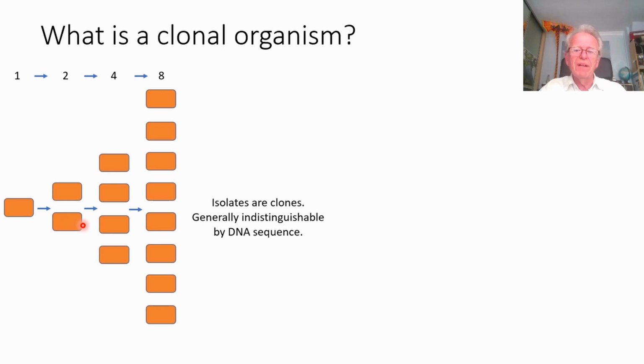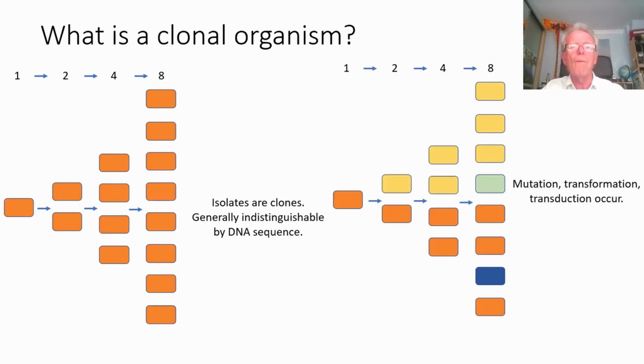We're taught in Microbiology 101, bacteria go 1, 2, 4, 8. And when you just take that at face value, it means that those 8 isolates, those 8 bacterial cells, will be clones. Generally, the DNA sequence of each cell will be identical to the first one. That's what clones are. They are indistinguishable. But then we're taught in Microbiology 101+1 about mutation and transformation and transduction.